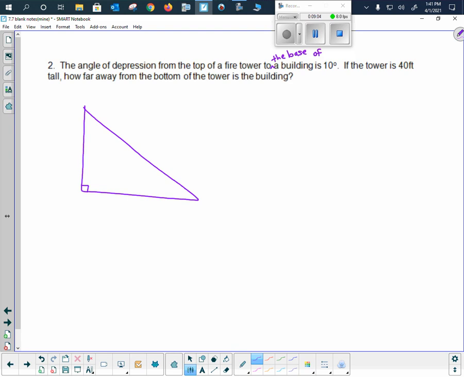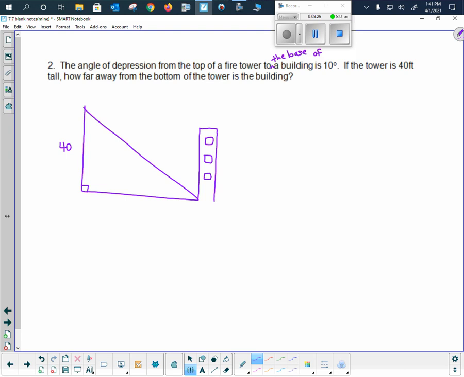a building. Okay, so we've got two things that stand up and down. All right, so here we go. The tower is 40 feet tall. Well, in my picture, this is going to be my tower. Okay. And now it says that there's a building over here somewhere. I'll just put some windows in it so you know this is the building.